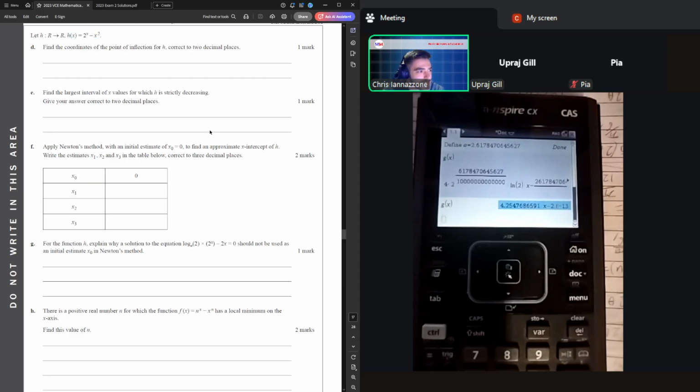Anyway, new function, h of x. Part D, find the coordinates of the point of inflection for h, correct to two decimal places.